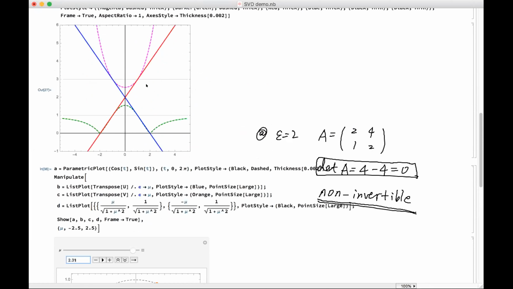We have 3 special points: the degenerate point, the Hermitian point, and the non-invertible point. By continuously varying epsilon, we can see how the eigenvalue decomposition and the singular value decomposition are intrinsically related. And also at the non-degenerate point, we can define the Jordan canonical form, which I had introduced on the other screen. Any questions about this example?